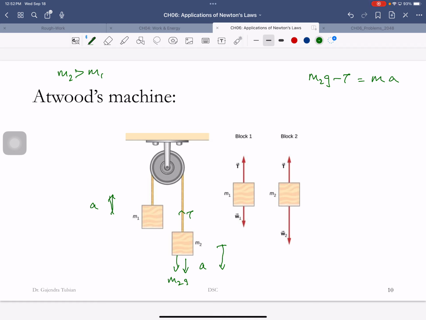For this guy, when you're writing the equation for an independent object, you can choose the axis independently. This problem is independent of this problem. There is some relationship, though: the magnitudes of the acceleration are related. So for this guy, let's choose that as the positive axis direction. Tension minus m1g.